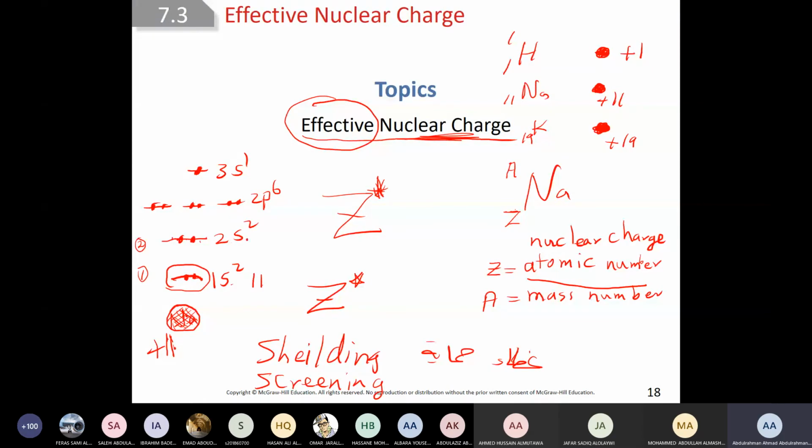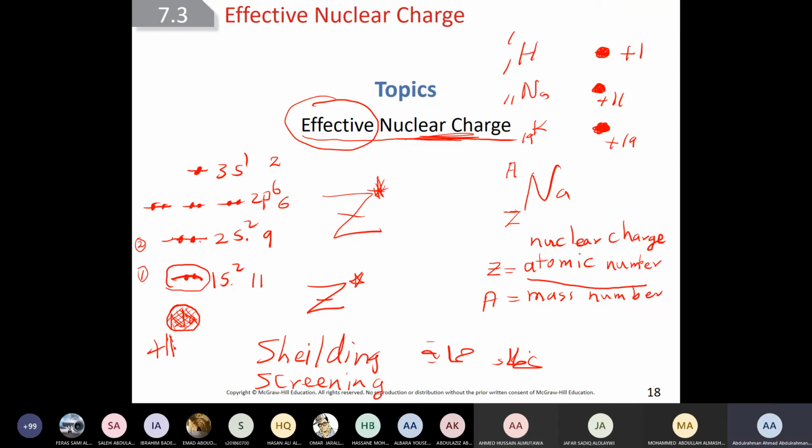Maybe it becomes what? 9 or even less than 9. Is this clear? What will be the power of sodium and the 2p? Even less. Even less, maybe 7 or 6, let's say. What will be the power for 3s1? It will be maybe 2.